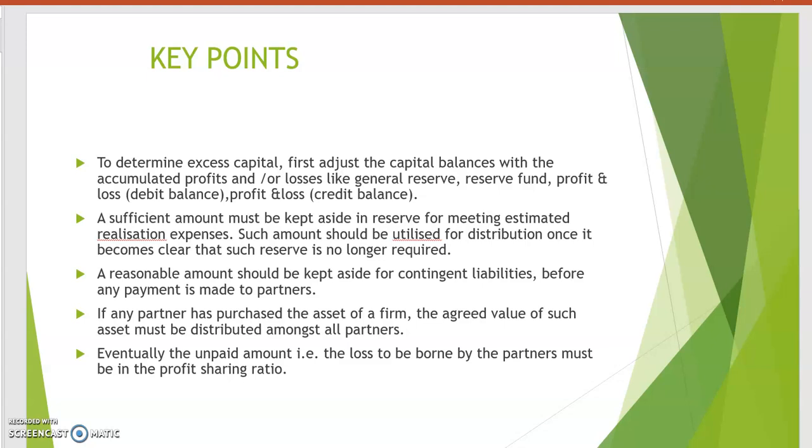Eventually, the unpaid amount, that is the loss to be borne by partners, must be in their profit sharing ratio. Means while you close your accounts, at the end of your question, you will find the partners' capital amounts must be in their profit sharing ratio, which indicates that you have solved your question in the correct manner.